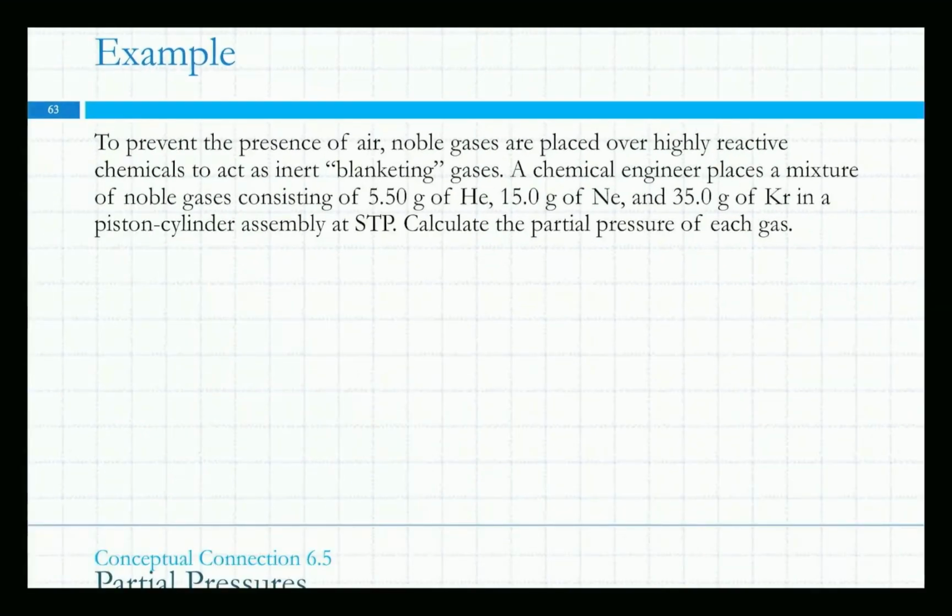So to prevent the presence of air, noble gases are placed over highly reactive chemicals to act as inert blanketing gases. So if you had sodium metal and you don't want it to combust while you're working with it, because maybe you need to add some to an experiment. Actually, not just noble gases, they'll do this with nitrogen too. Nitrogen's very inert, but you can have a nitrogen or an inert gas glove box.